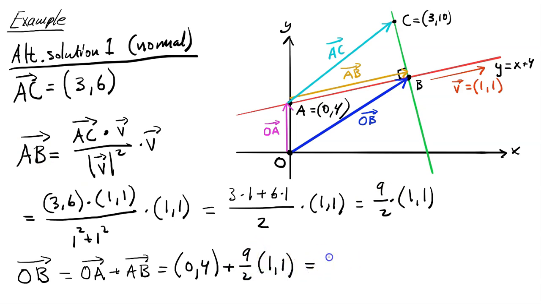Okay, so adding these. So let's multiply in that one. This is 9 half, 9 half. And then we just get 9 half plus 0, that's 9 half. 9 half plus 4, and 4 is 8 halves. So 8 halves plus 9 halves, that's 17 halves.